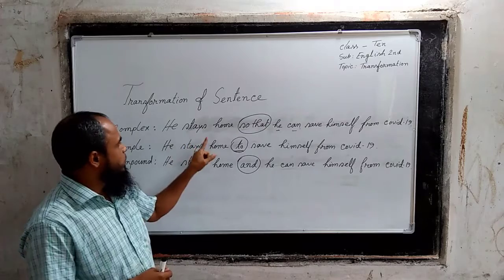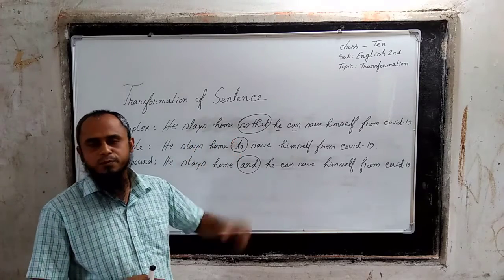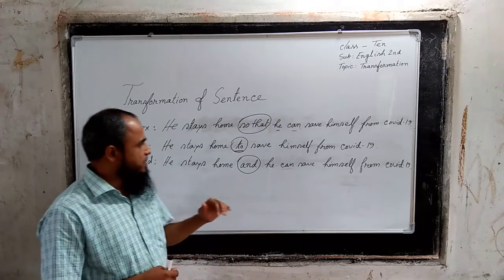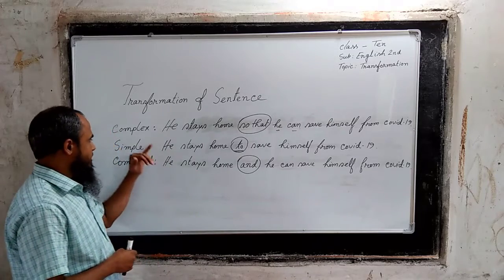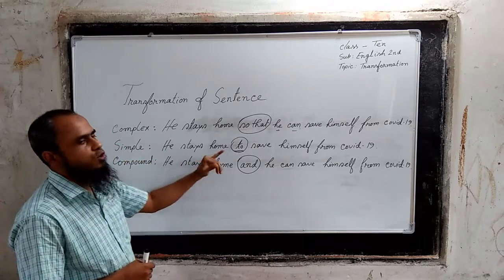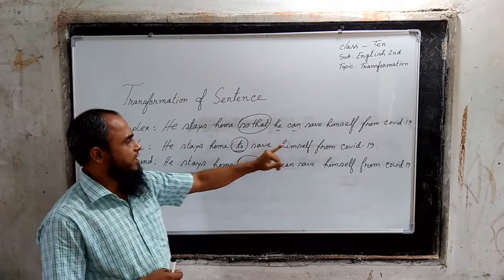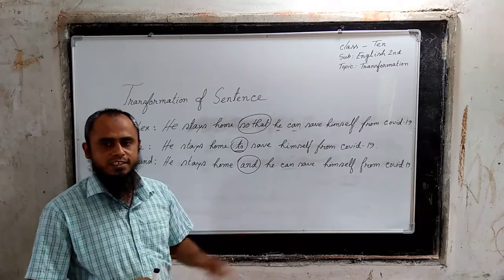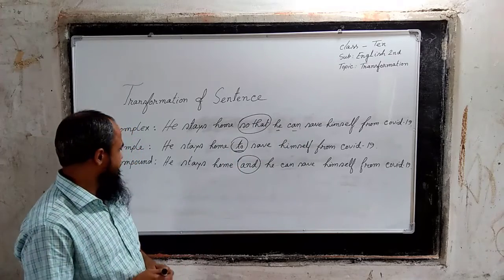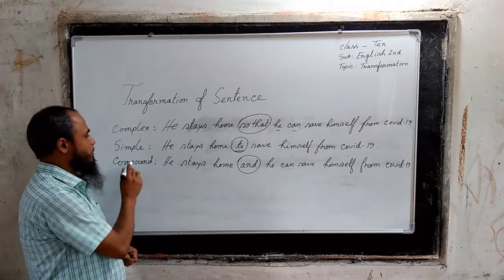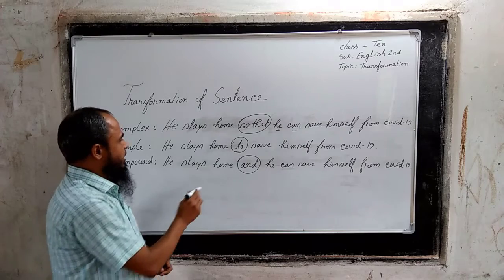So if you are told to transform this type of sentence into a simple sentence, you will use "to" instead of "so that", then the principal verb, and then the rest of the sentence, that means the extension. And if you are told to make it a compound sentence, then you will write only "and".